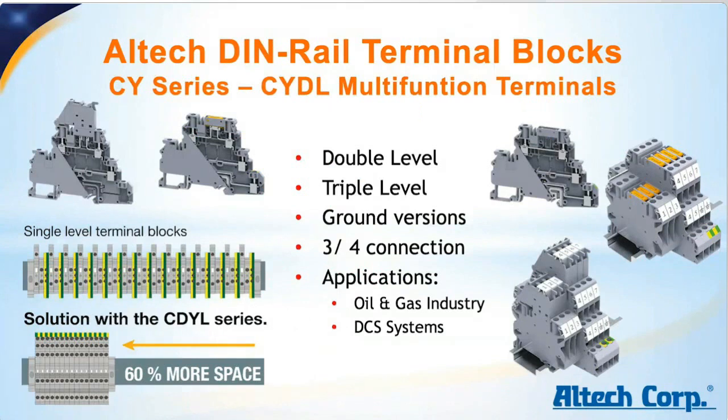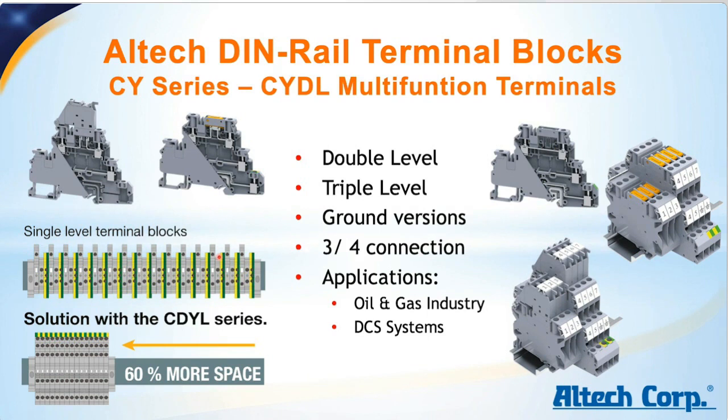Central part of the CY series, that's the CYDL multifunction terminal blocks. That is a double level terminal block, and it gives you also the option to have a ground terminal at the bottom. The top level can be either a fuse, a disconnect, or a feed through. The mid level is always a feed through terminal.